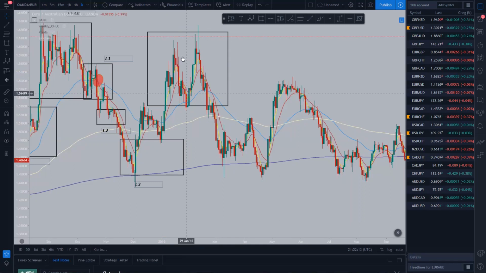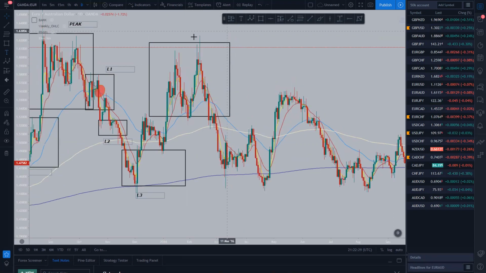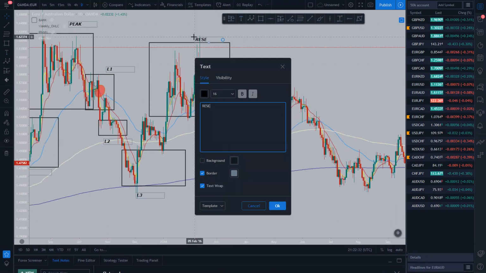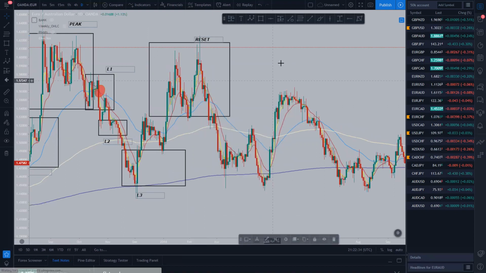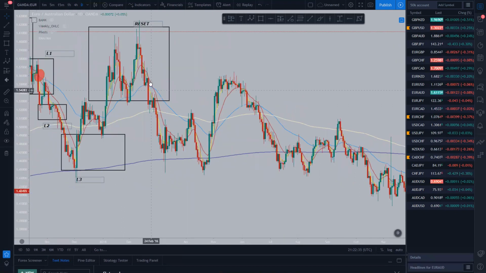The answer I was looking for is that it's taking place on the 50 EMA. Remember this, your reset would happen either on the 50, the 100, or the 200 EMA. That's a huge confirmation that a reset is taking place. So it is a reset, okay?